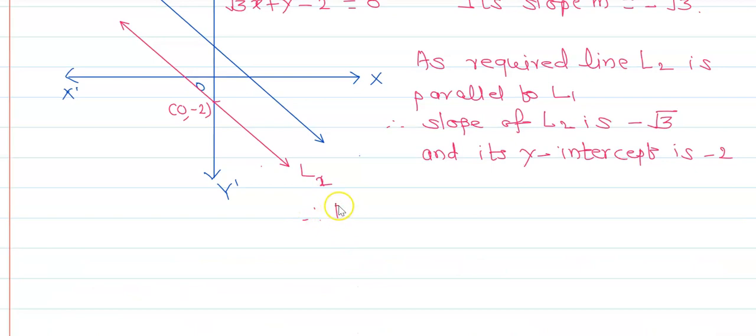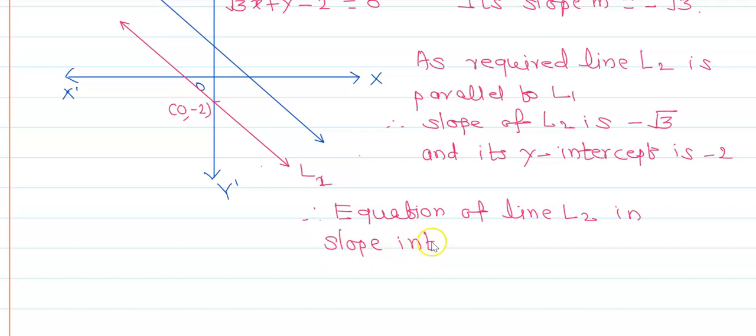Therefore, the equation of line L2 in slope intercept form is y is equal to mx plus c.